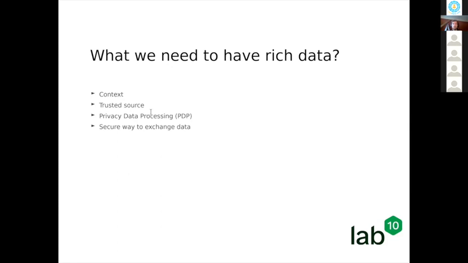For example, if you are a researcher at a university doing cancer research, you collect medical data, you need to be sure that there is a consent for all those data coming from individuals, even though you don't necessarily need to interact directly with those individuals. So you need to be able to track it back to the source and make sure that everything from the legal perspective is okay. And then the secure way to exchange the data, so we do not expose it to any leaks or any problems in that sense.